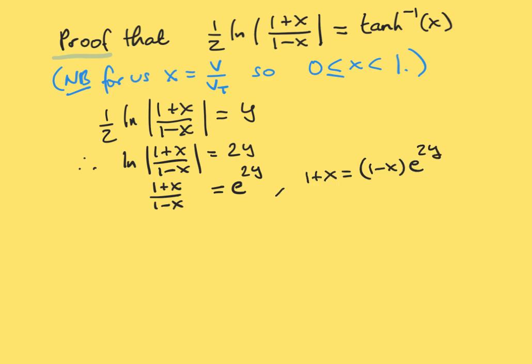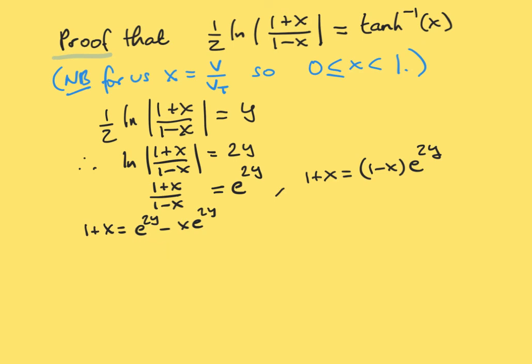And we want to find x in terms of y. So let's do that. We have 1 plus x is e to the 2y minus x e to the 2y, just expanding the brackets here. I'm going to bring all the x terms over to the left and all the non-x dependent terms over to the right.